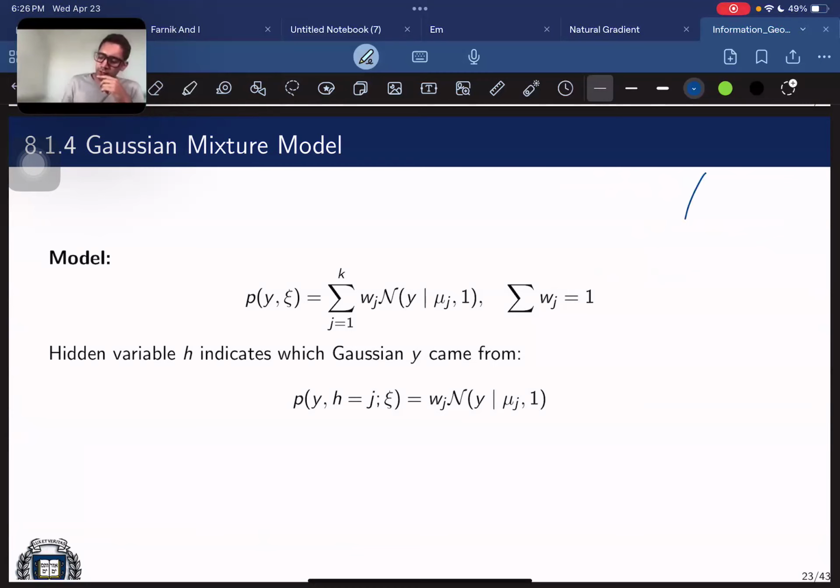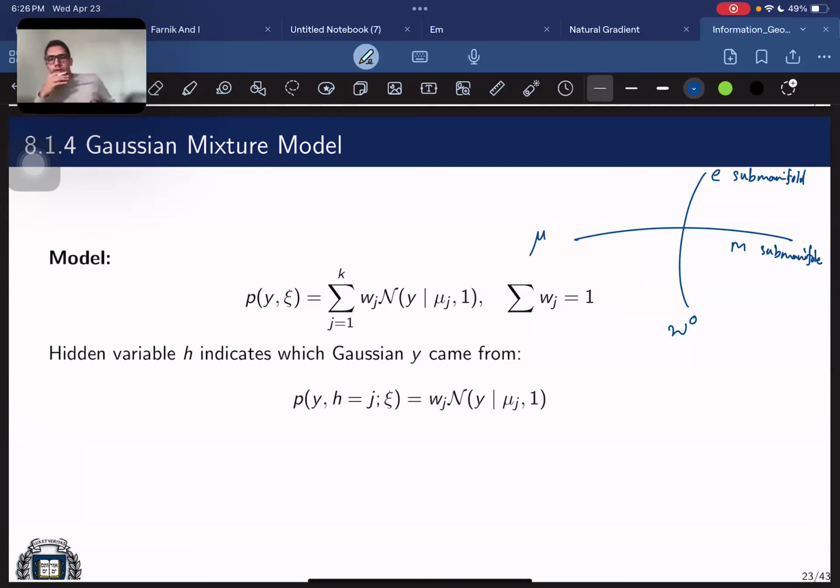If you fix the W's, W0, this space is an E submanifold. And if you fix the mu's and you change the W's, this is an M submanifold. You're talking about all mixture models.